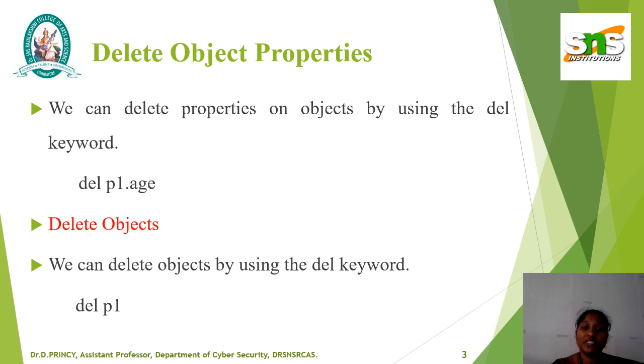Suppose we don't want the object as a whole, we can delete the object by using the del keyword and simply specifying the object name. In the first example, I'm deleting the object property p1.age. In the second example, I'm deleting the object as a whole, del p1. So this is the way to delete an object property as well as the object.